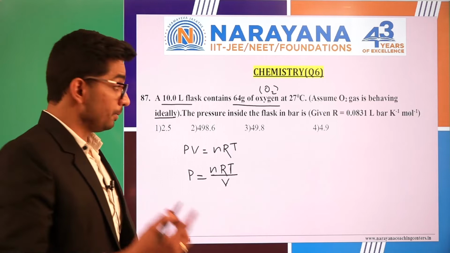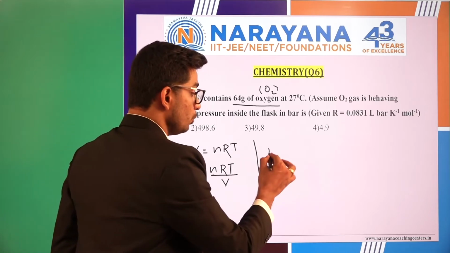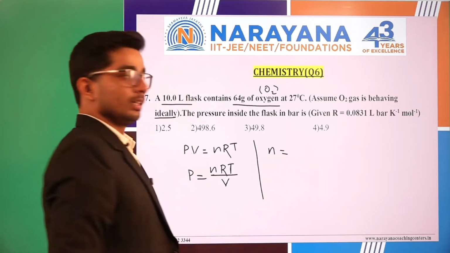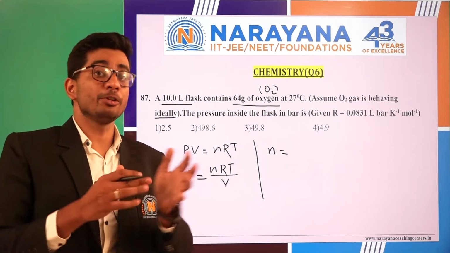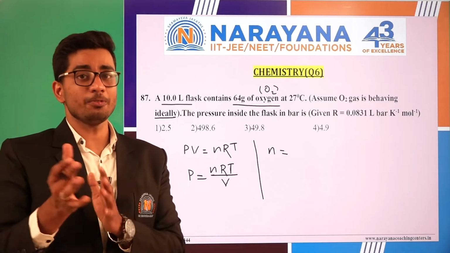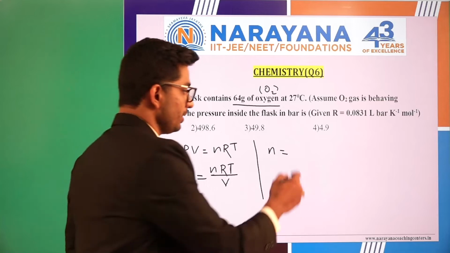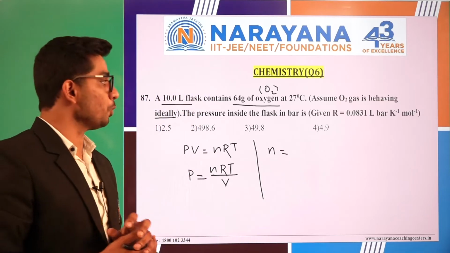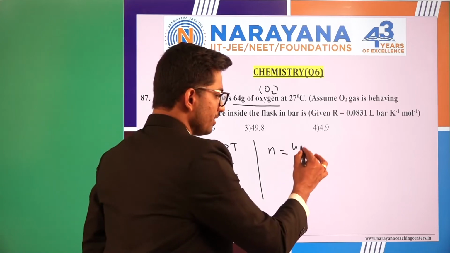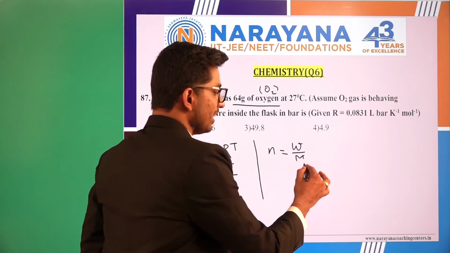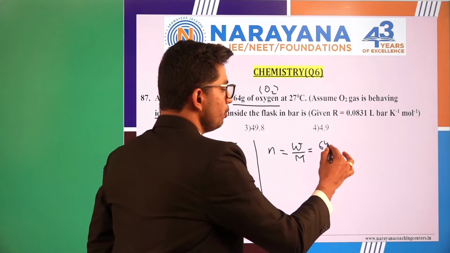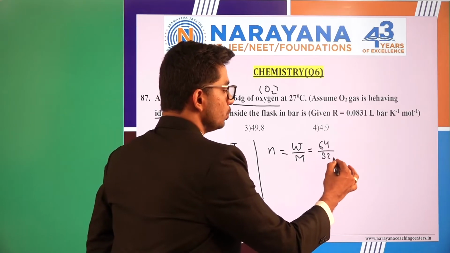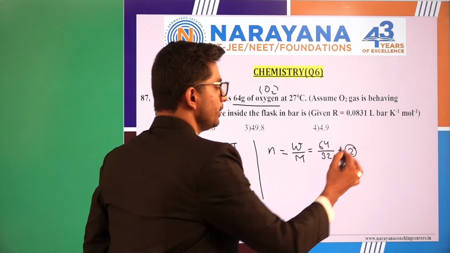So here let's calculate the number of moles of oxygen. We know the mass is given and we know the molar mass of oxygen, it is 32 gram per mole for oxygen, that is O2. So given mass by molar mass, this is going to be 64 upon 32 and that's coming out to be 2.